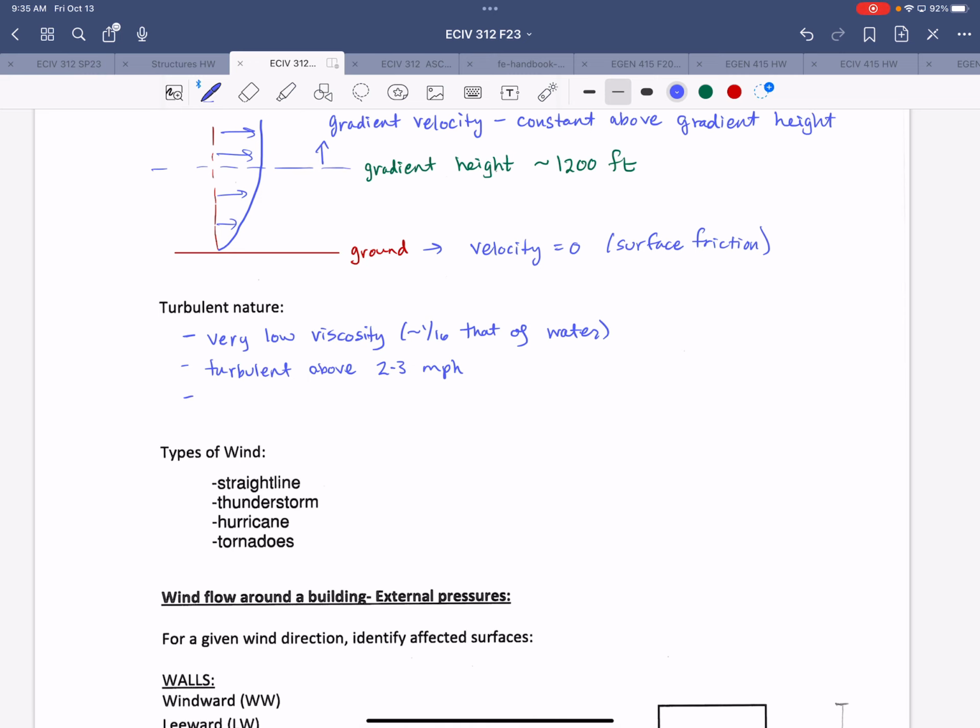This is affected by the surface roughness, so the ground roughness in the area will impact turbulence.